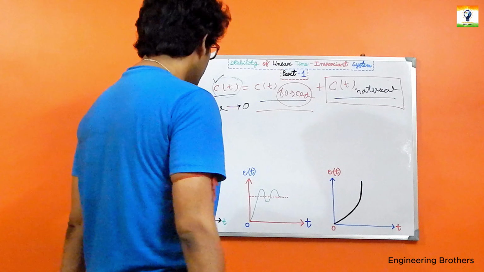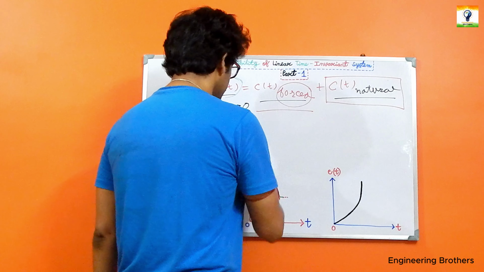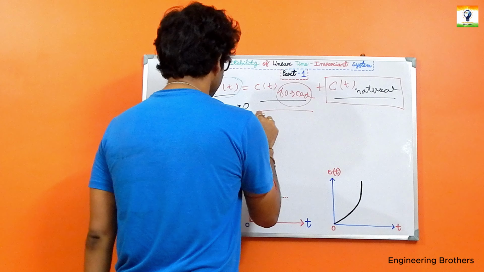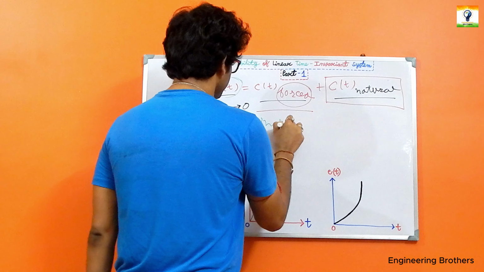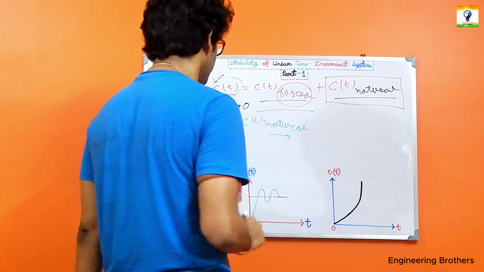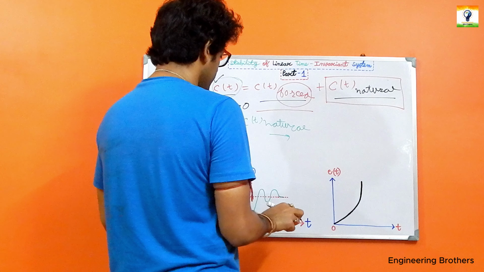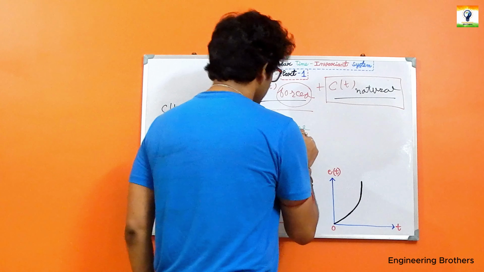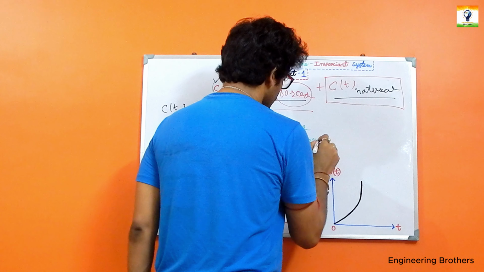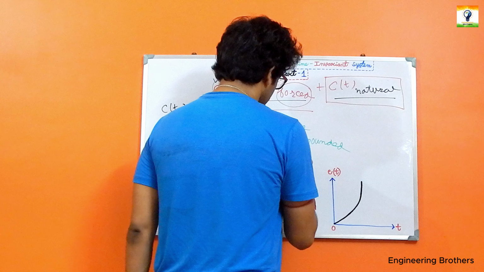Now in our next consideration, in this waveform, c(t) natural does not tend to 0. It tends to some unbounded output.